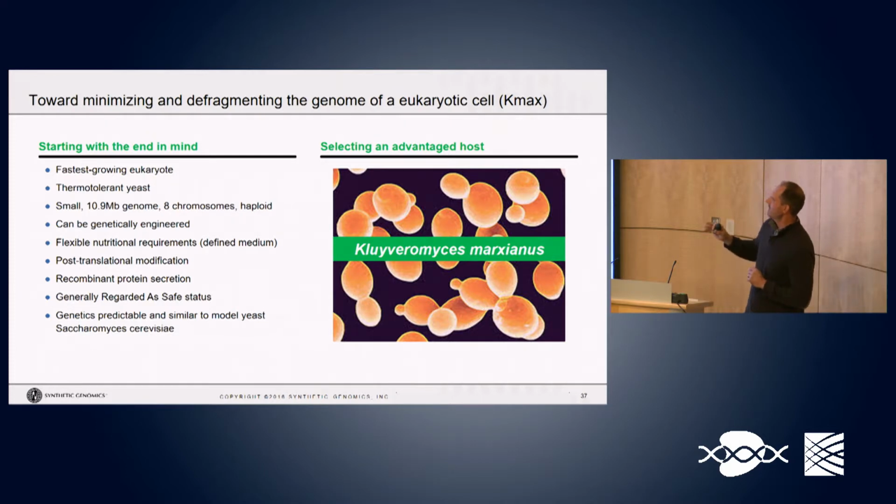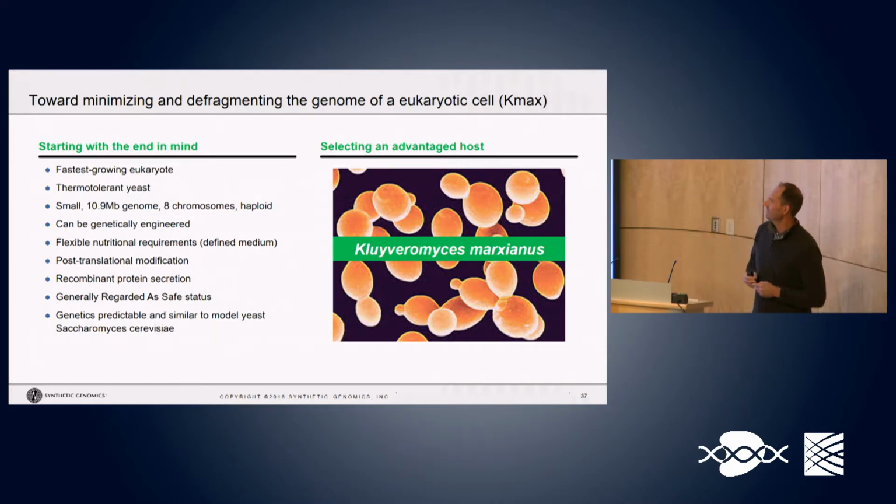So the final part of my talk is just a couple of slides to show you that we're not only thinking about genome design software for prokaryotes, but also eukaryotes. Our go-to organism for this work is Kluyveromyces marxianus, or what we call Kmax. It goes with the Vmax Kmax theme.